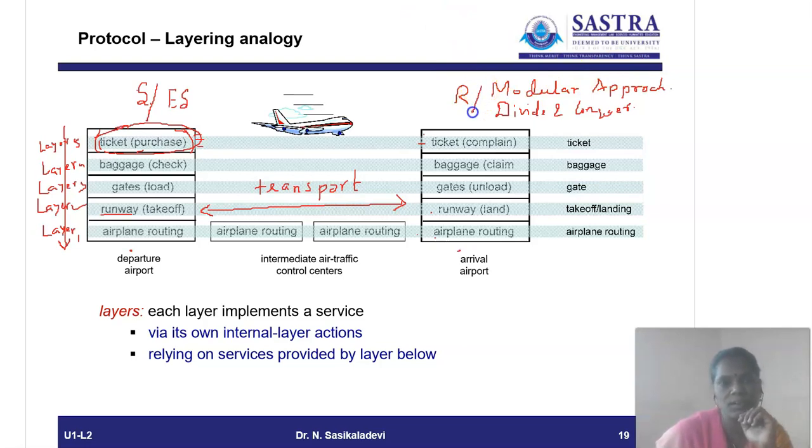So the receiver may be an end system. This entire thing runs on the sender end system, or one end of the communication, and this entire thing runs on the other end of the communication. So these two are end systems. What about this middle part? This is the entire computer network infrastructure.